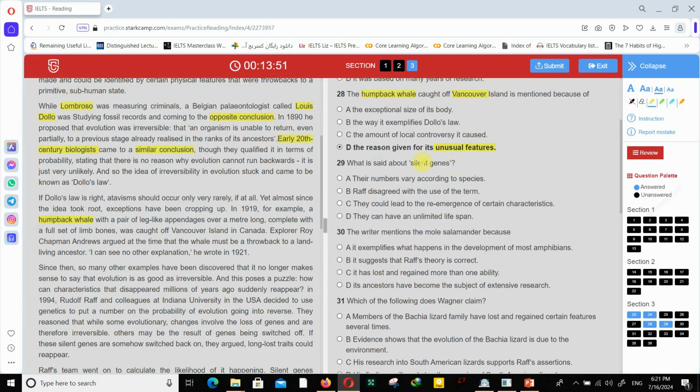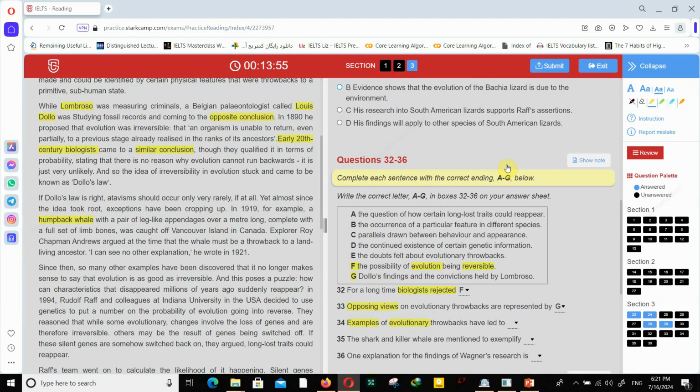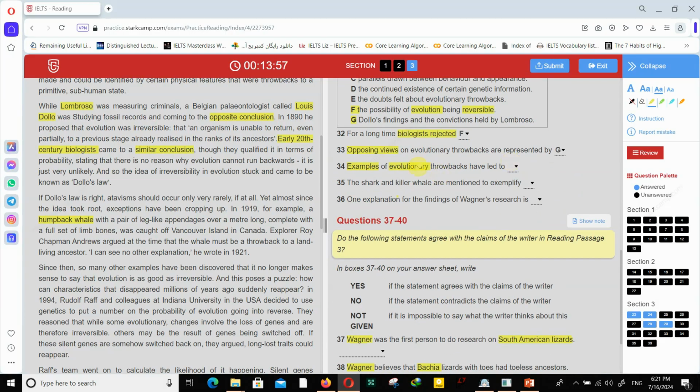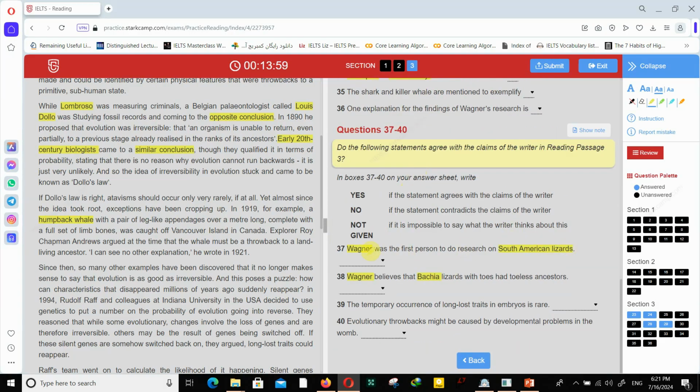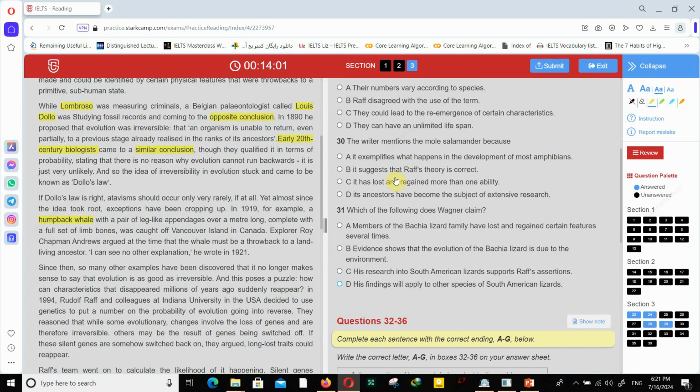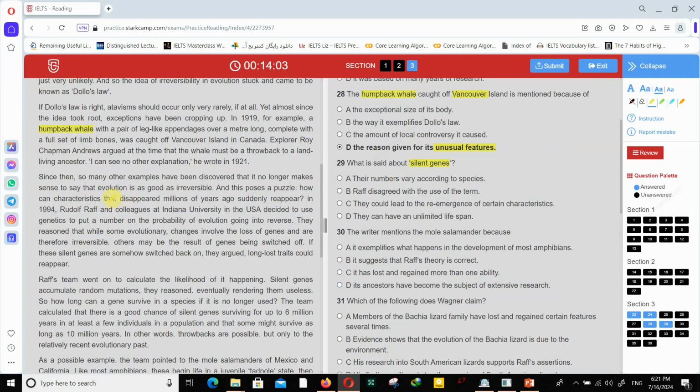29. What is it said about silent genes? So silent genes, example of evolutionary, Wagner, South American lizard, Wagner, Bachia. Okay. Since then, so many other examples have been discovered that it no longer makes sense to say that evolution is as good as irreversible.